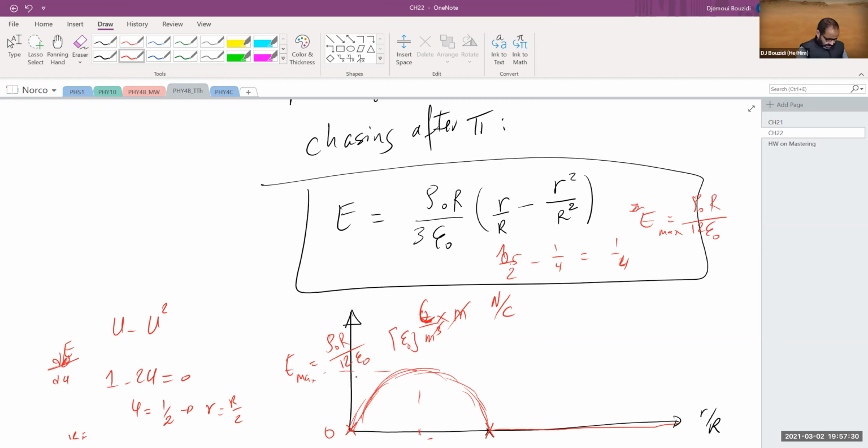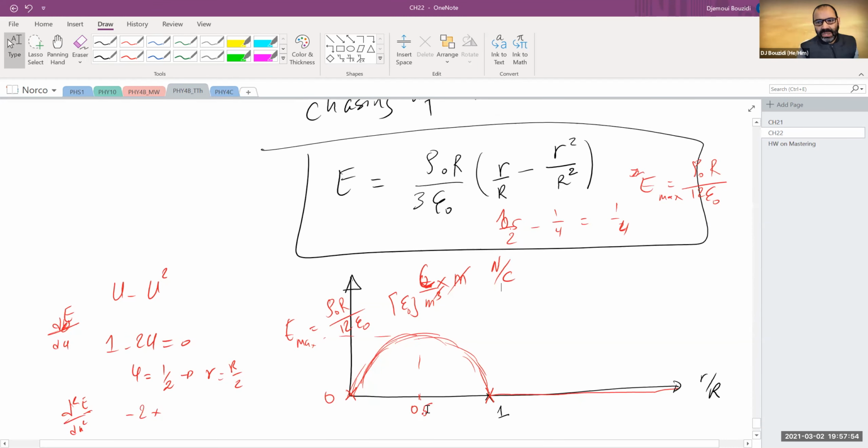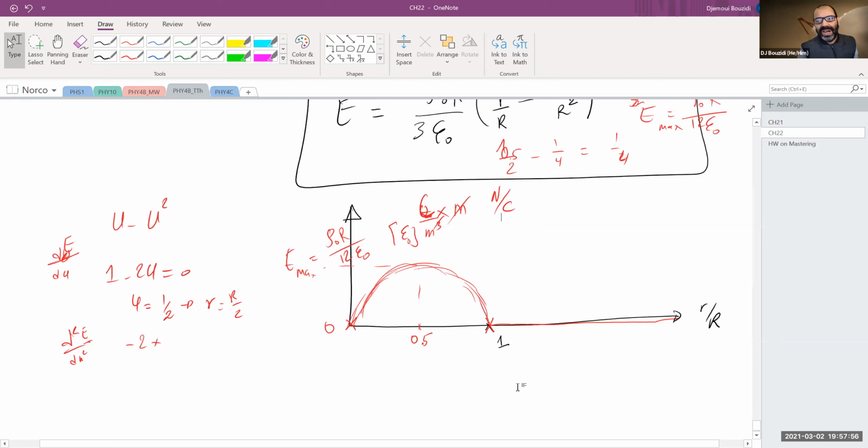Okay. Question E, find the value of R at which the electric field is its maximum and find the maximum value. We already did that during the graphing stage, the previous step, because they asked us to graph this function. When doing the graphing, we found the maximum points, and we also found where it maxes, which is midway, which is 0.5, namely R over R is equal to 1/2, namely R is equal to exactly half the radius.